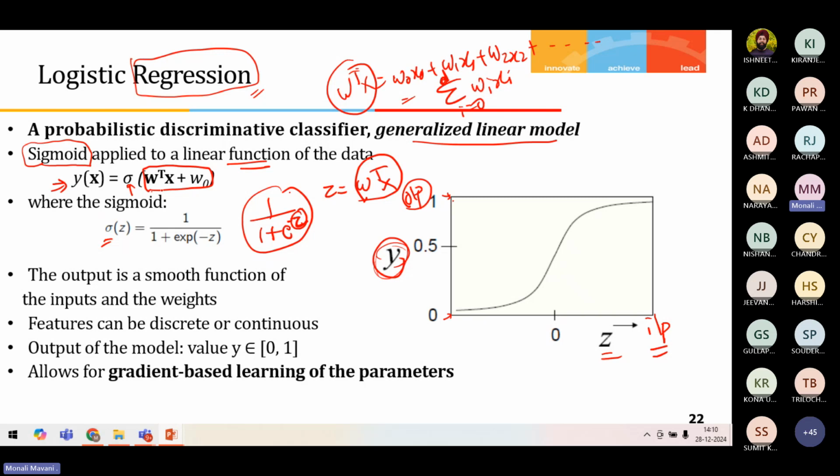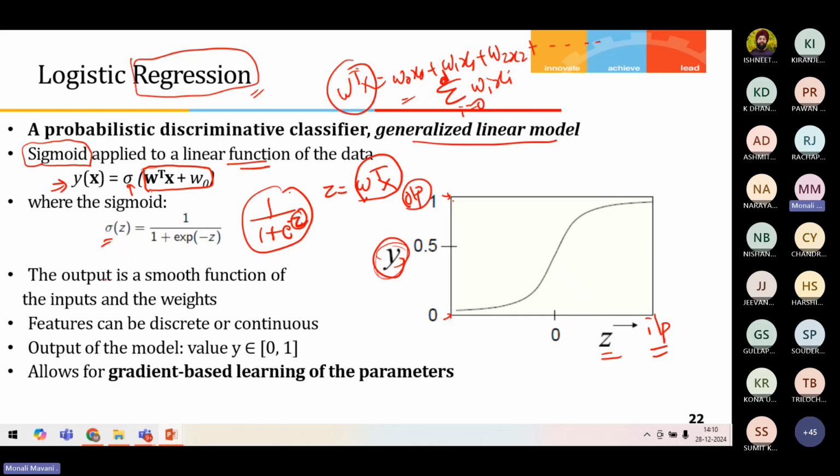So we pass W transpose X through another function, a sigmoid function, and we are squeezing its values between 0 and 1. And that's exactly what we want. The output we are getting is in the form of a probability. Then we have to define a threshold, which can classify this probability into class 1 or class 0.